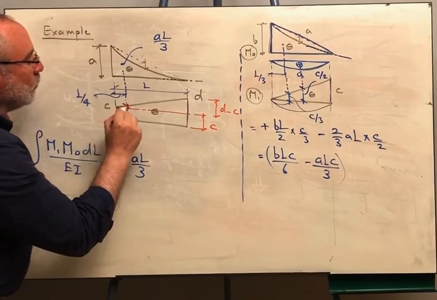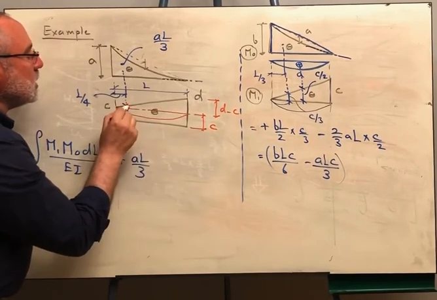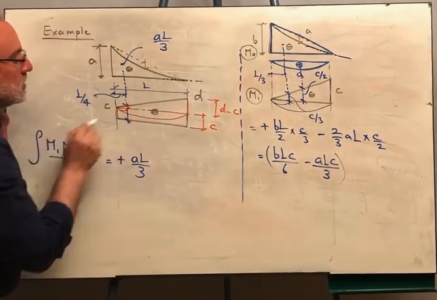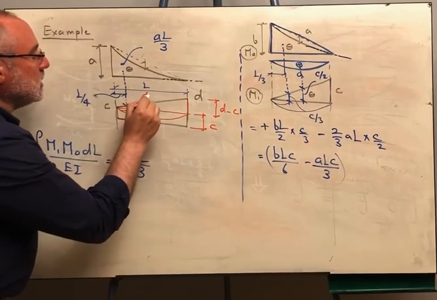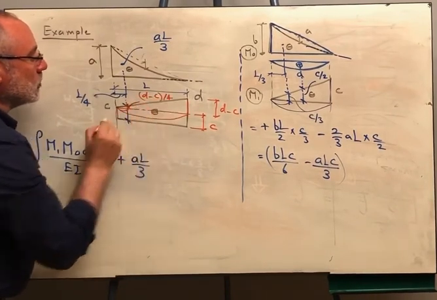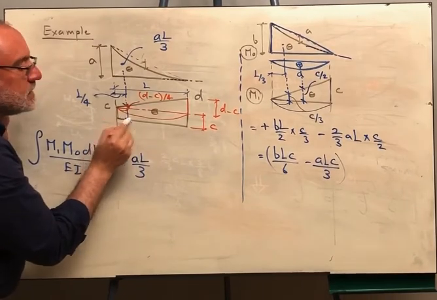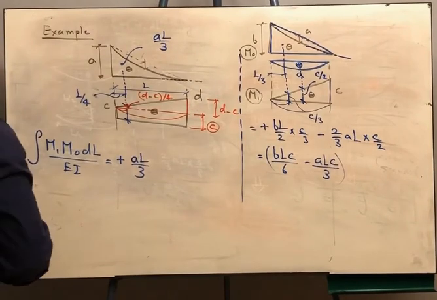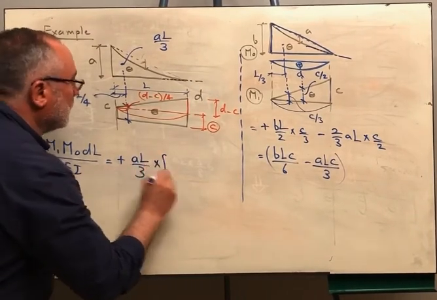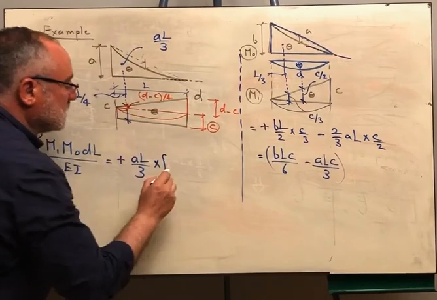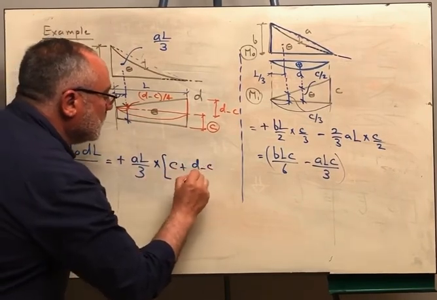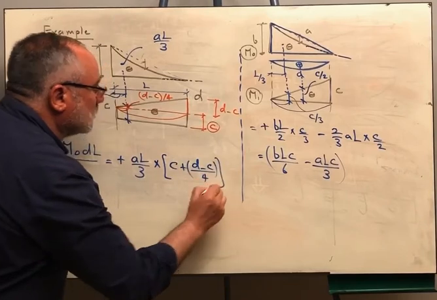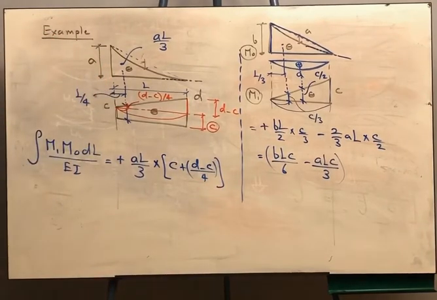We can say that L over 4 over L is equal to this part over D minus C. So this should be (D minus C) over 4. And the remaining portion is C, which is that one. Therefore, I will multiply this by the ordinate, which is C plus (D minus C) over 4. By this way, we can determine the integration easily.